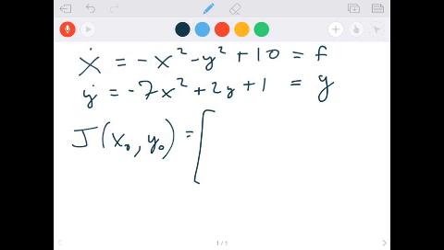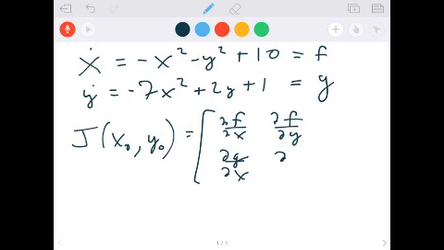I've called the x prime equation f and the y prime g, so you can have partial of f with respect to x, partial of f with respect to y, then partial of g with respect to x, and partial of g with respect to y. To carry this out is pretty straightforward.